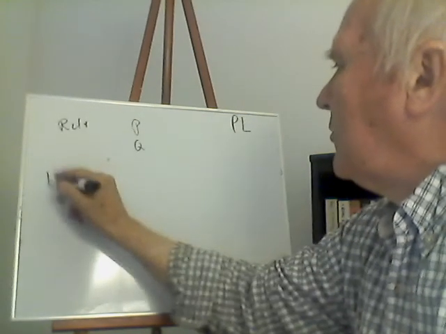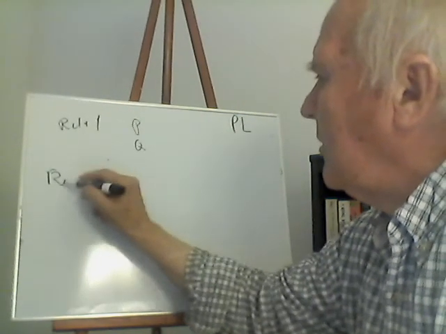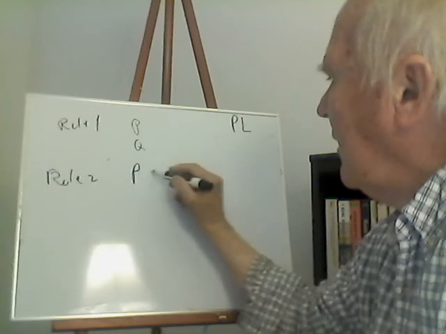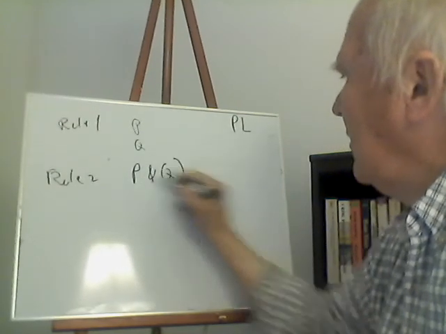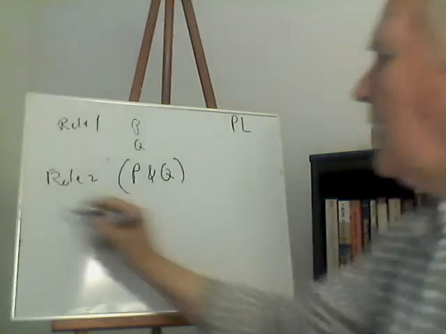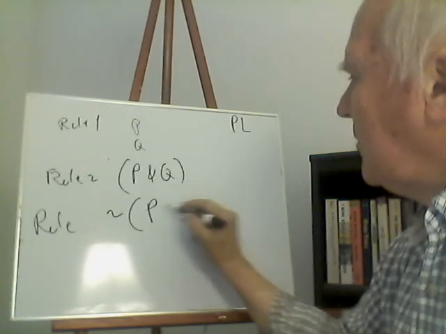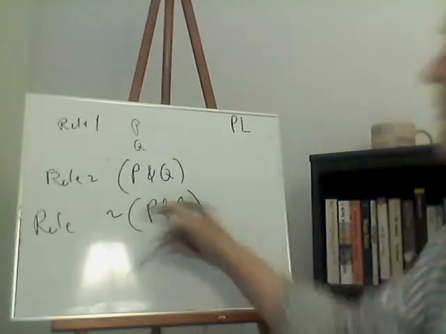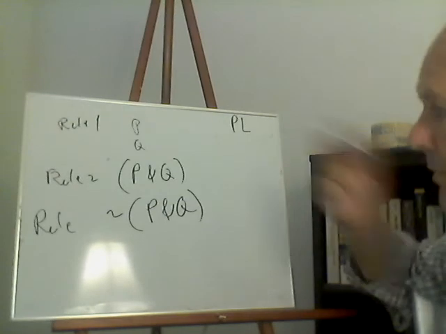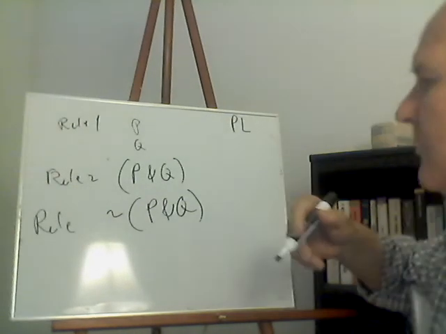We know from Rule 2 that (P & Q) is a well-formed formula. We know from Rule 3 that the negation of it is a well-formed formula, because you can always put a negation sign in front of a well-formed formula or a sentence.